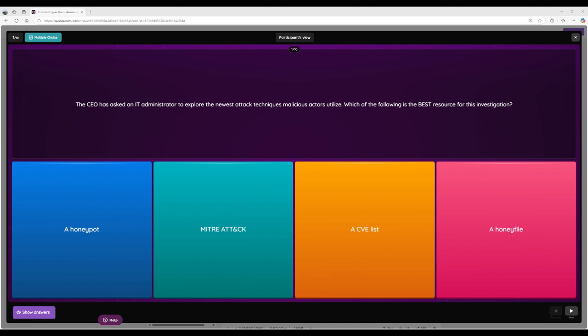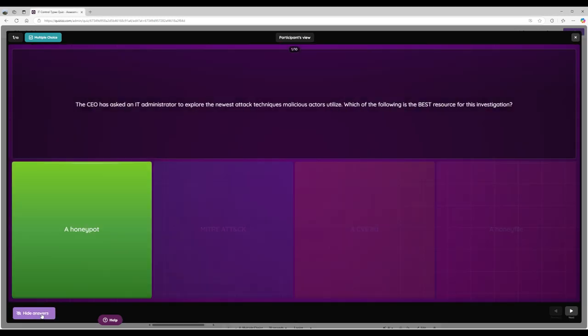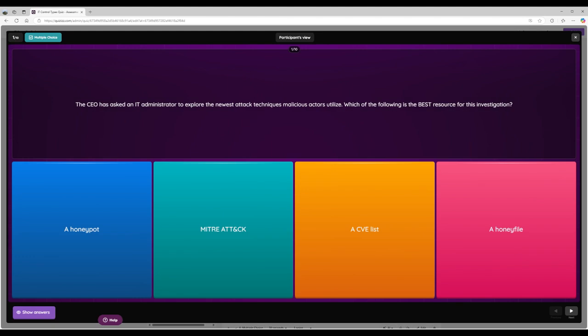And since the CEO wants to know the newest techniques, a honeypot, which is a decoy system, will be able to capture that. The answer is a honeypot.